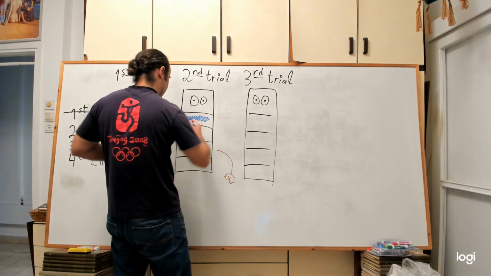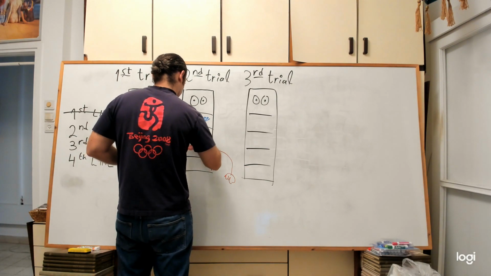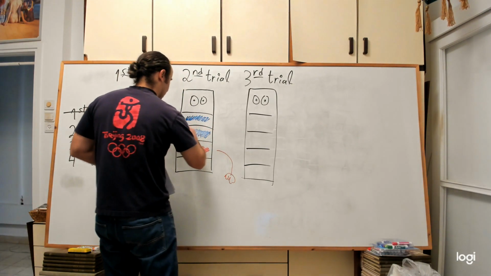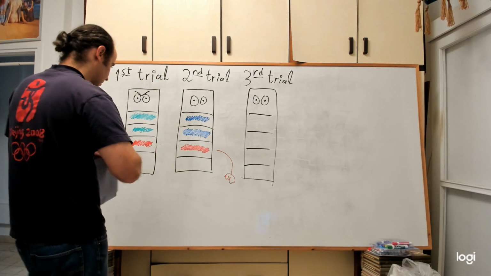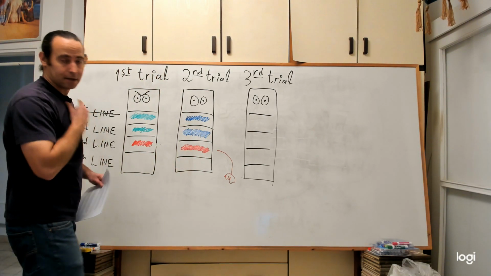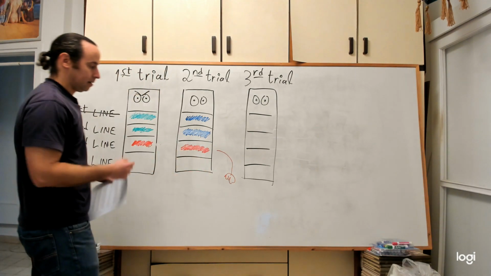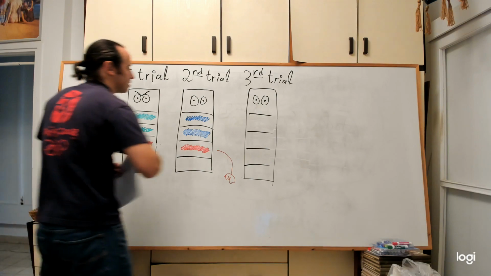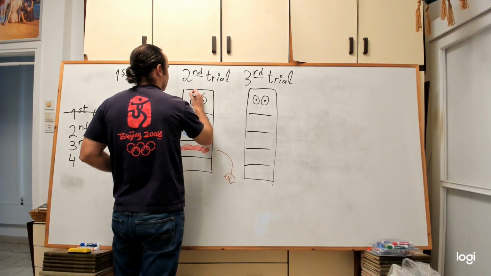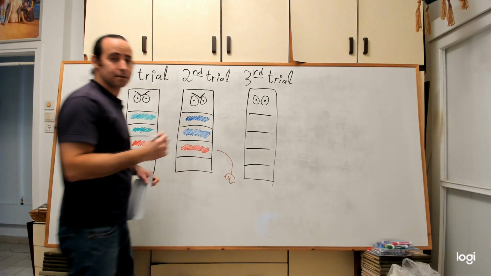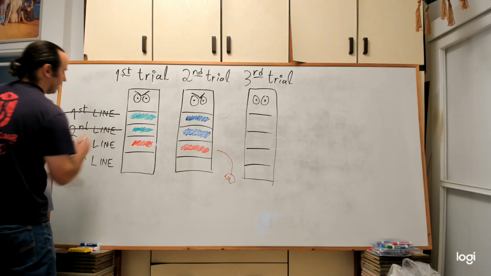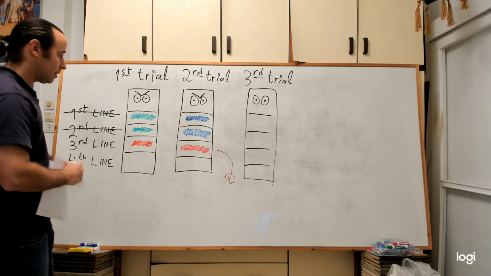So we make it blue. And we test the virus, and it still has this problem. It's still bad. It still kills the cells. So we understand that the solution is not the second line either. We can erase this one. And then we continue.